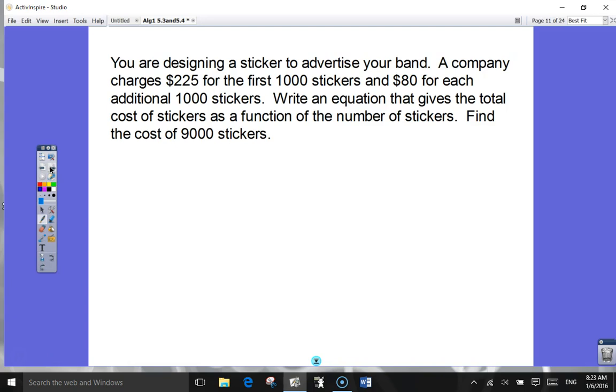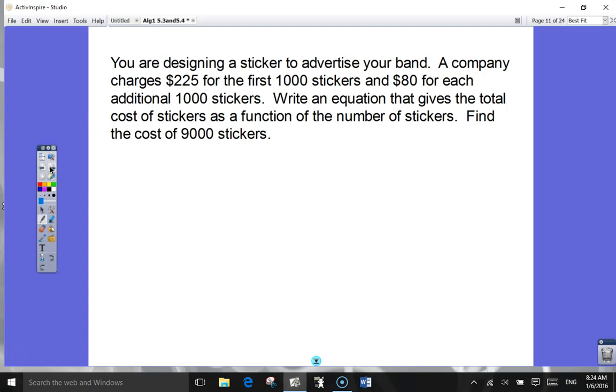So, you are designing a sticker to advertise your band. A company charges $2.25 for the first 1,000 stickers and $80 for each additional 1,000 stickers.